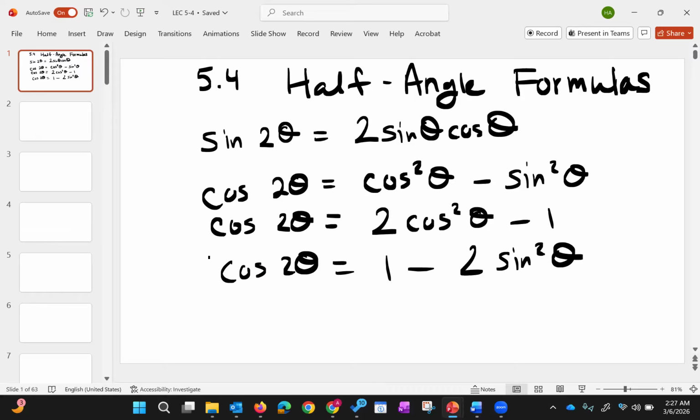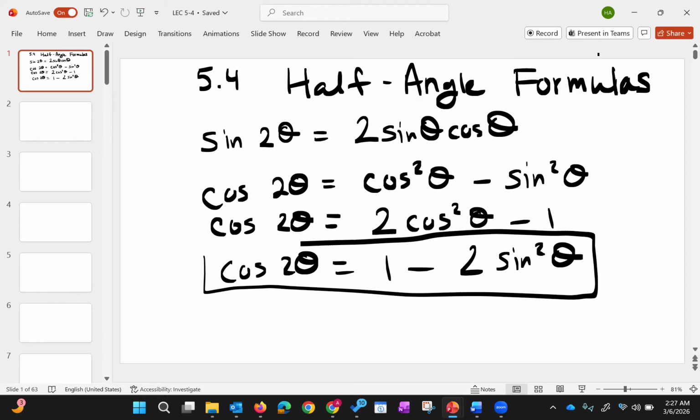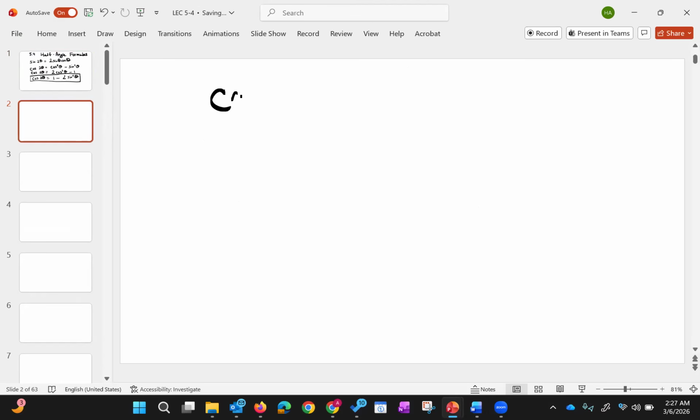Let's start off with this one here on the bottom. Is there a relationship between cosine of 2 theta, a doubling of an angle, and the single angle? Yes, we've used this. Let's take that one and work our way through proving it.